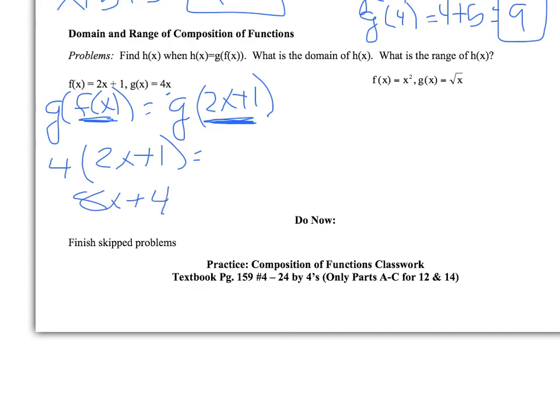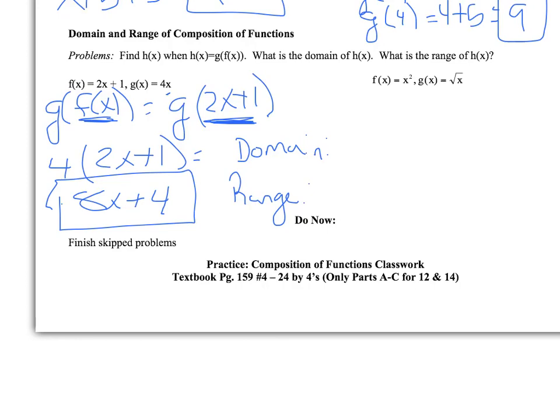It wants us to find the domain and the range of our answer. What you can do is type it in your calculator to take a look at it. When you type 8x plus 4 in your calculator, you end up getting something that looks like this.